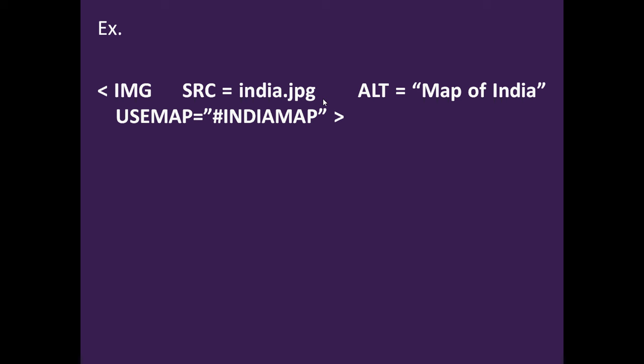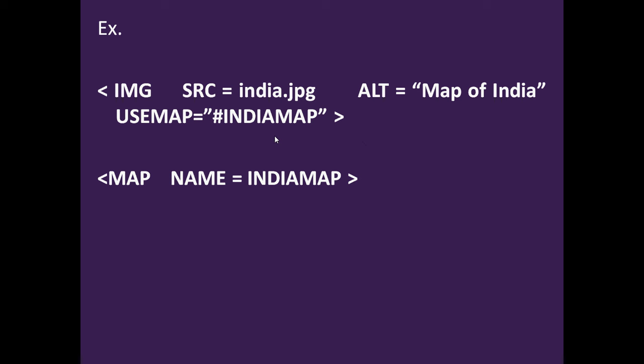I am inserting a JPG image of India. Next, the alt attribute, alternative text. And now I am specifying that this image is to be used as a map, and I am giving the name as India map. Next, map name is equal to, now we are specifying the name of the map.